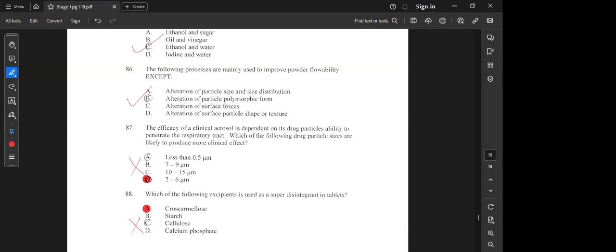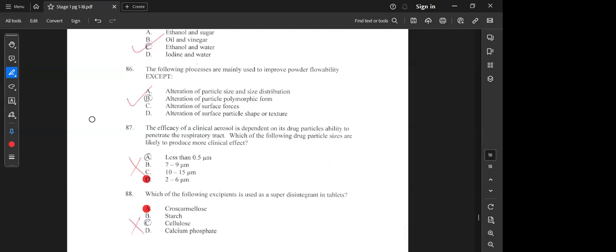I think polymorphic is a sort of chemical change, if I'm not wrong, or what do you guys think? So personally I'd go with B because all the other ones are present. These are characteristics of the powder itself. So just polymorphic is a physical property.